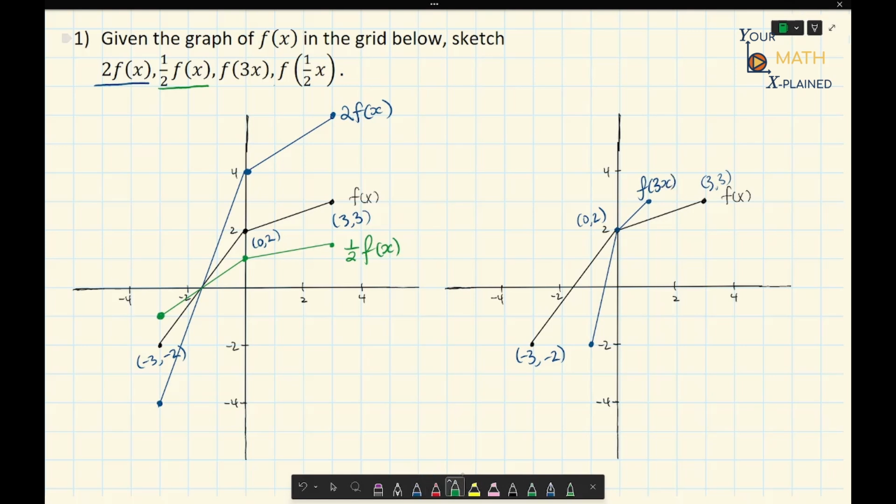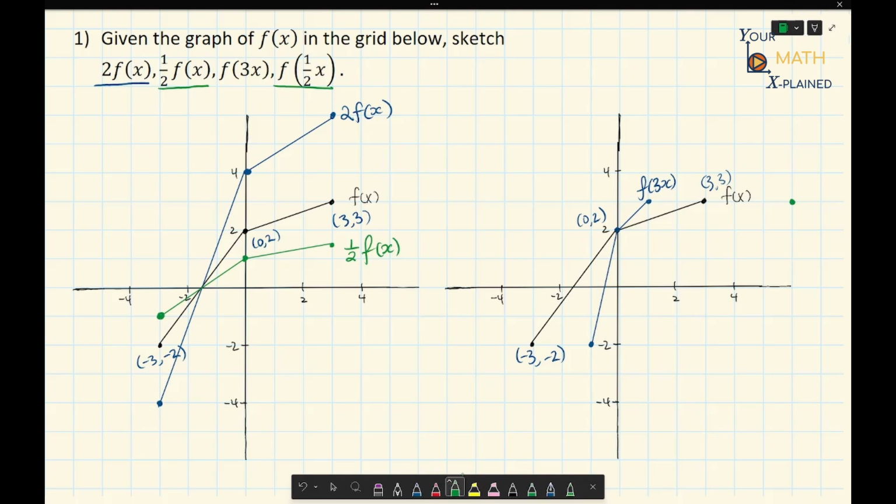And then the last one is going to be f of 1/2 times x. So that is going to be a horizontal expansion by a factor of 2, meaning all the x values are going to double. So the 3 is now going to become 6.